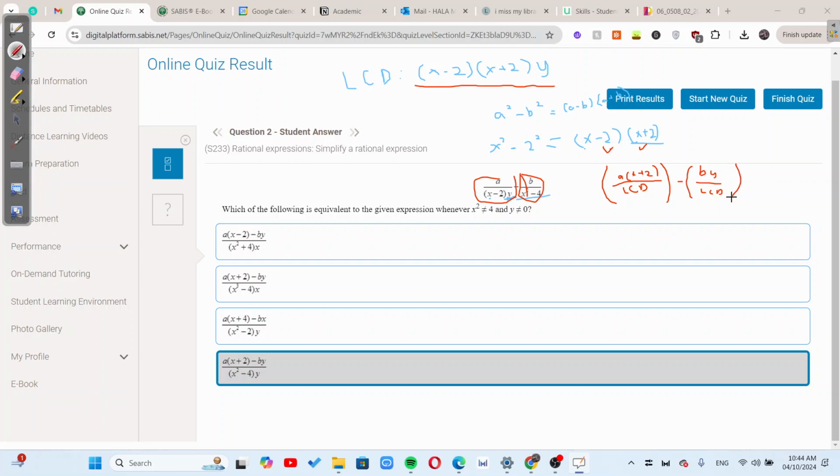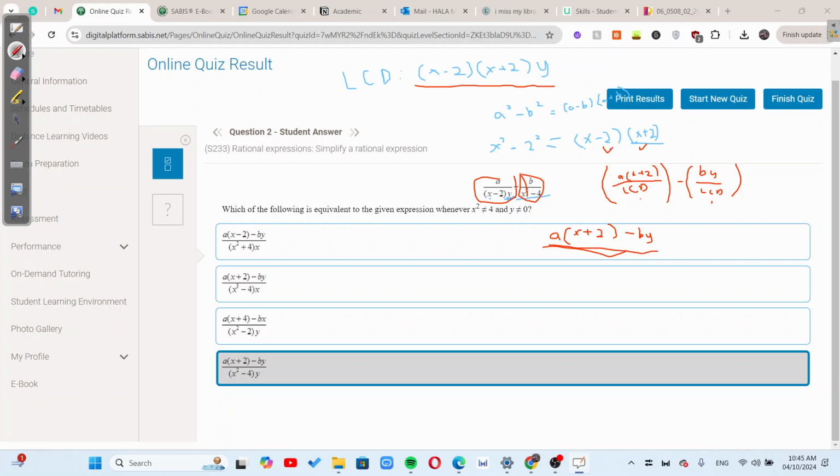So now, since they both have the same denominator, their least common denominator, we need to conjoin these two parts on top. So it's a into x plus 2 minus B y over, I'm going to rewrite our LCD.